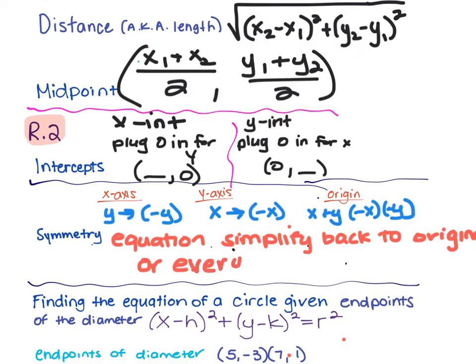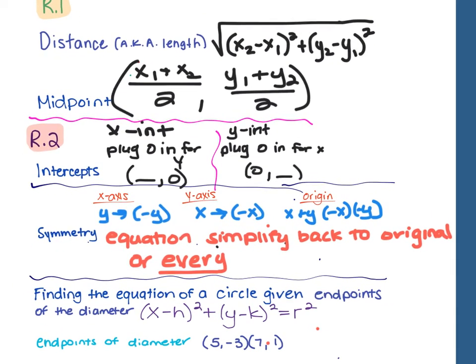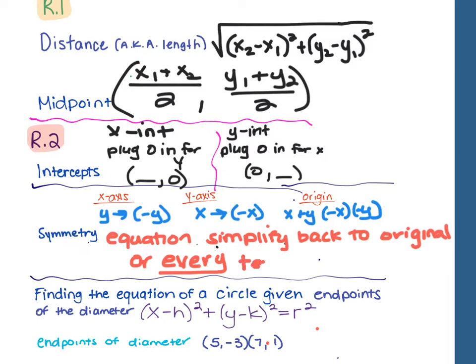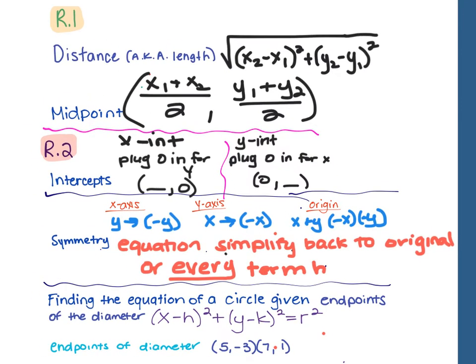So if there's 6 terms, every single term has to change its sign. And remember, you can have x-axis and origin. You can have y-axis and origin. You can have all 3. You can have none.